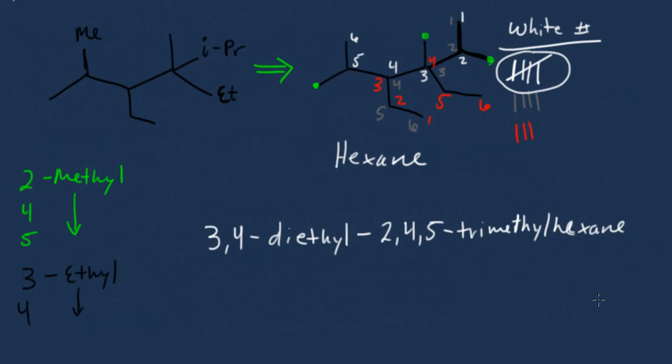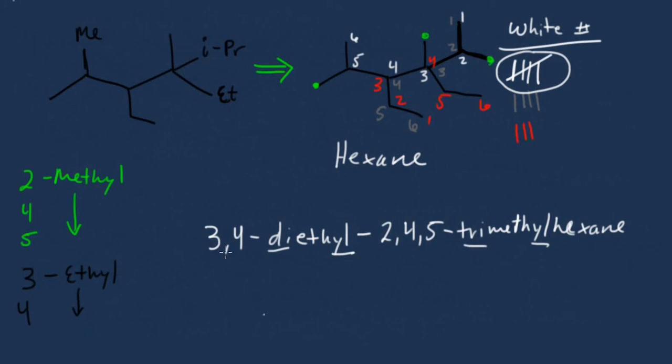And there you go. So that's the last problem I have for you guys. I've kind of demonstrated the special groups. I've made it important to recognize prefixes and suffixes, finding the longest parent chain, and some kind of weirder notations like Me for methyl, Et for ethyl, and so on.